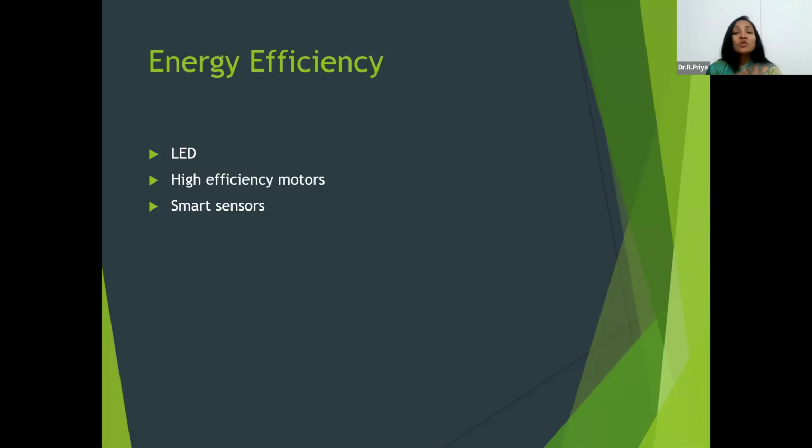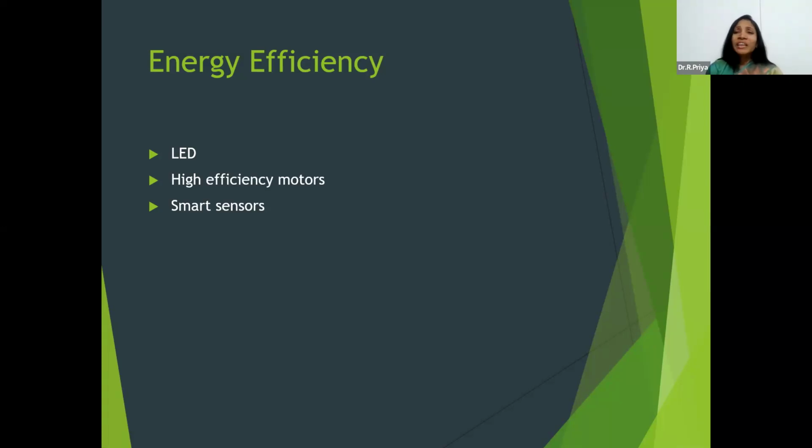Energy efficiency is one of the most important pillars of green manufacturing, because the energy used directly affects the cost, especially carbon emissions and sustainability. LED lighting consumes 70 to 80 percent less electricity than traditional lighting.